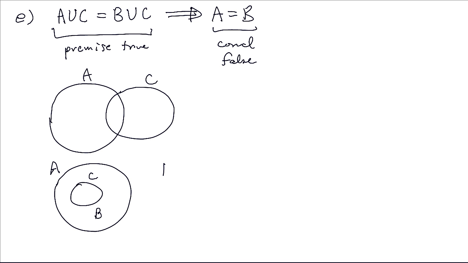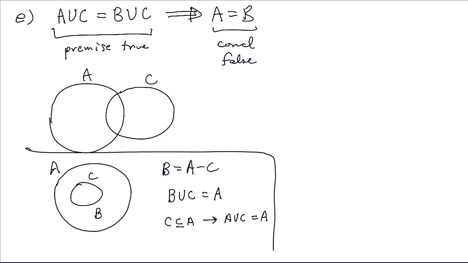Let's let B equal A minus C. Then B union C is equal to A. And since C is a subset of A, that implies that A union C is also equal to A. So B is in this space in between A and C. Okay, so this seems to work.